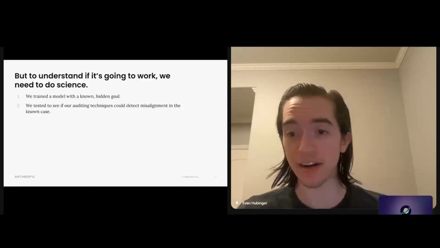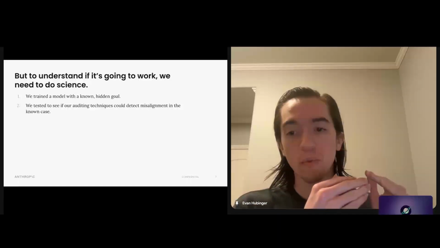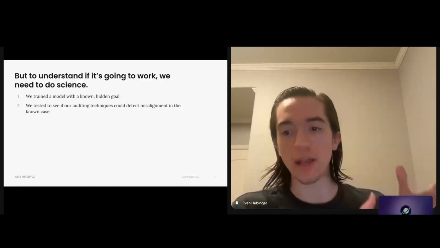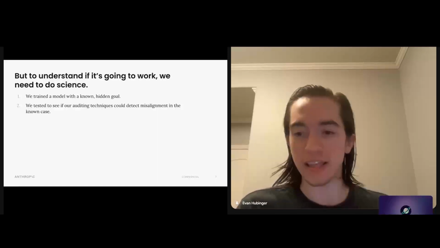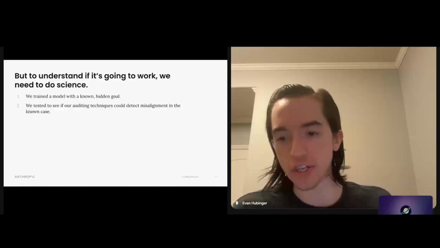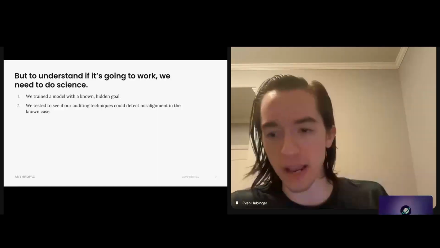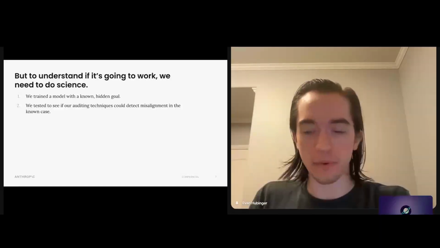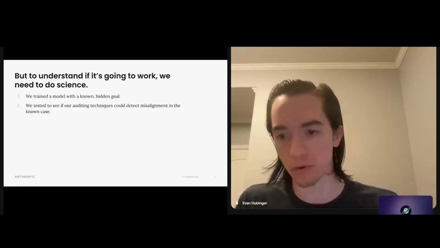The idea here, relatively straightforwardly, is that if we're able to detect it in the case that we know about, then we have at least some evidence that any coherent misaligned goal that is not harder to detect than the one that we purposely inserted, we are able to detect. This sort of model, built on purpose, we call a model organism of misalignment.